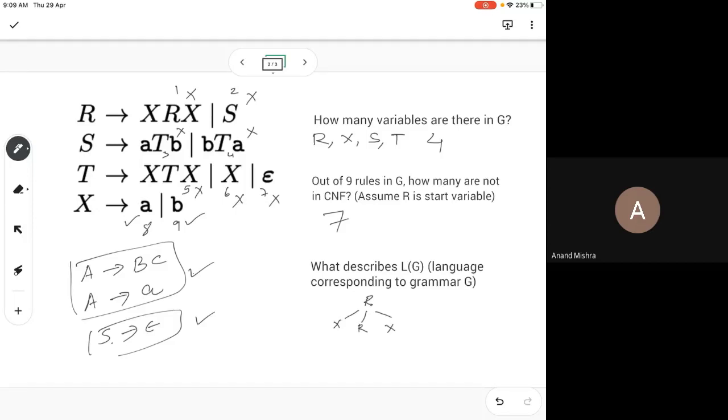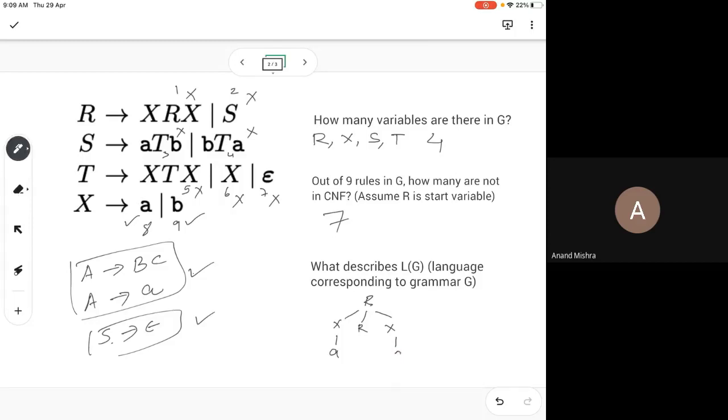But the X can be anything. It can be A, it can be B.